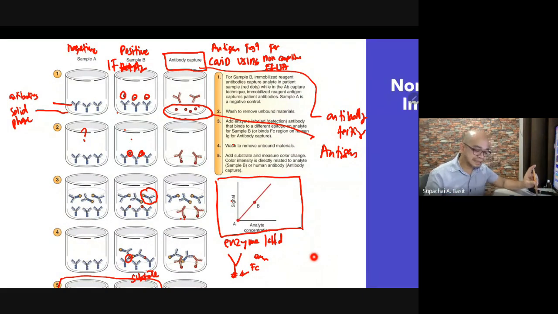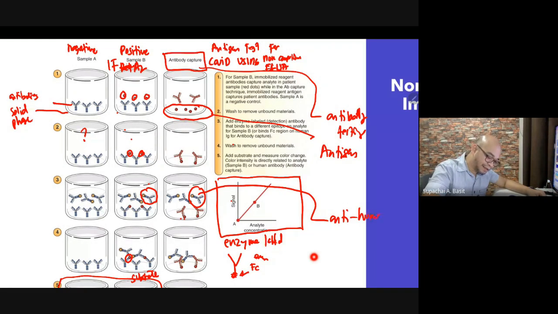The enzyme here is now the enzyme labeled anti-human antibody.